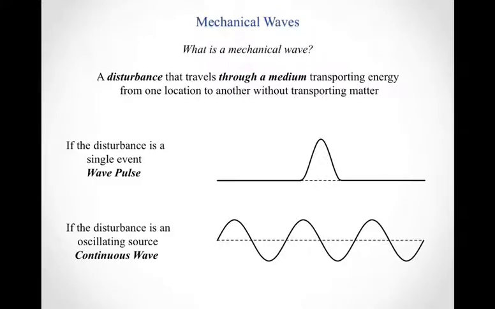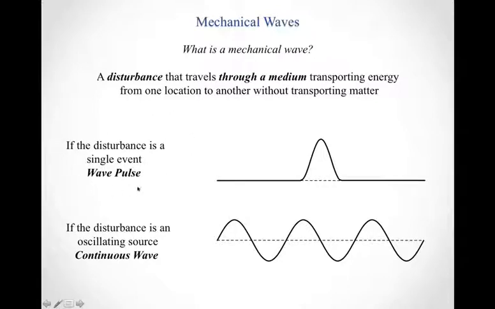A mechanical wave is a disturbance that travels through a medium and transports energy from one location to another without transporting matter. So again, we're still building on that basic definition. We're just adding a little bit more detail: in talking about a mechanical wave, our disturbance needs a medium to propagate through.